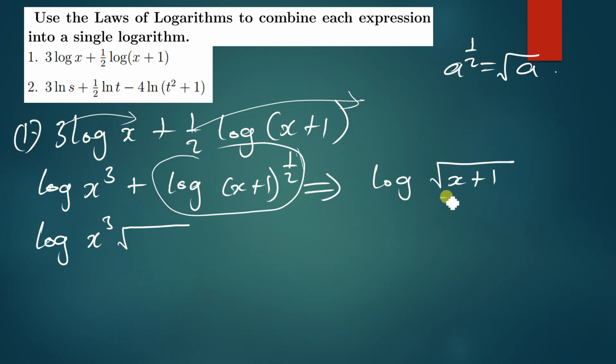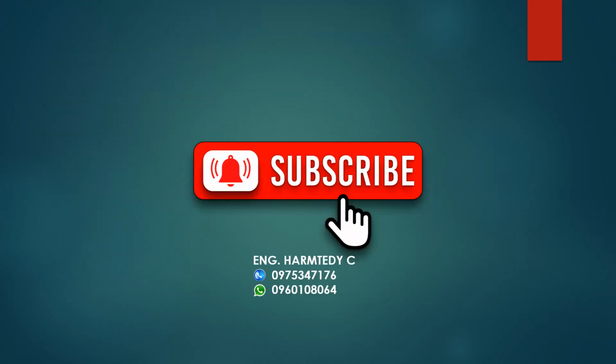So this has been simplified to a single logarithm, and it's in base 10. If you have any questions, feel free to contact me on any of these lines on the screen.